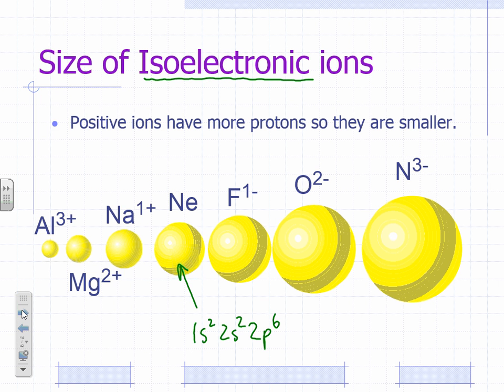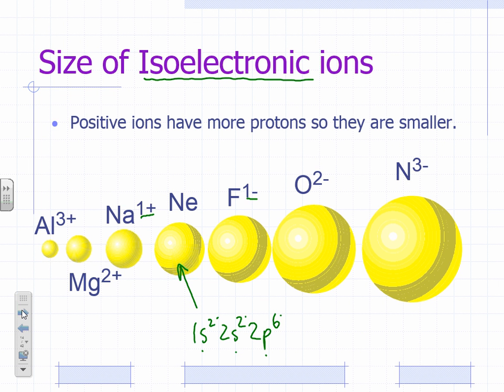Okay, sodium had 11 electrons. It's now a 1+ ion, so it's lost an electron to produce 10. 2, 4, and 6 is 10. Fluorine had 9 electrons. It's gained 1 electron to produce 10. So it has a configuration of 1s2, 2s2, 2p6. All of these ions are exactly the same.